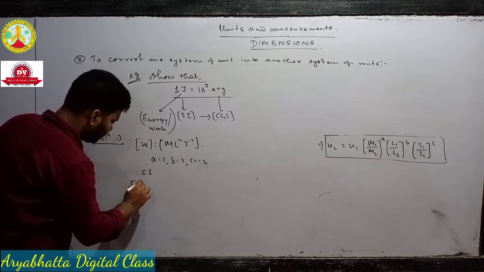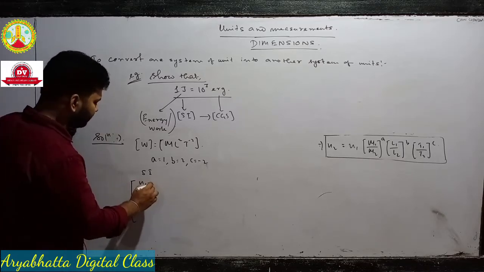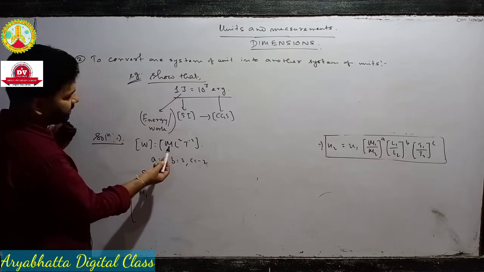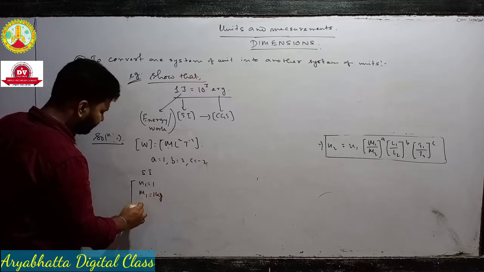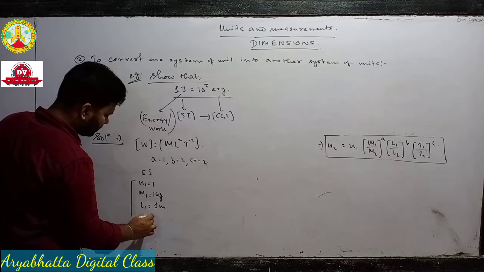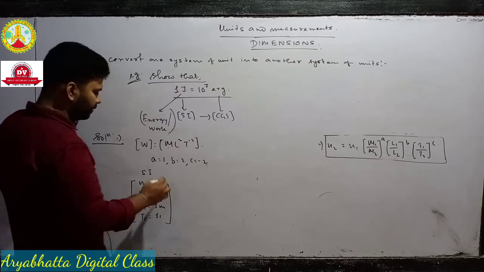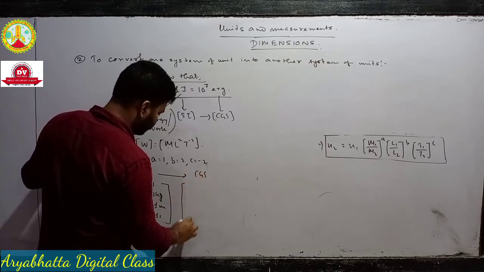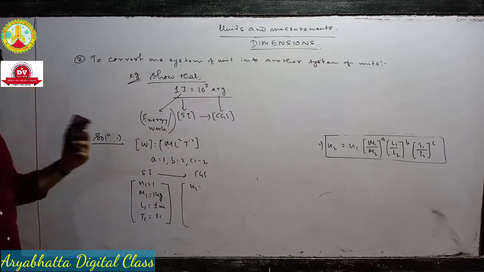So in SI the value of N1 is equal to 1. Here the number is 1. In SI, what are the quantities involved? Mass, length and time. 1 kg. In SI length is 1 meter. Time is 1 second. So we are converting SI to CGS. In CGS, N2 is given as 10 to the power 7, but we have to prove it.